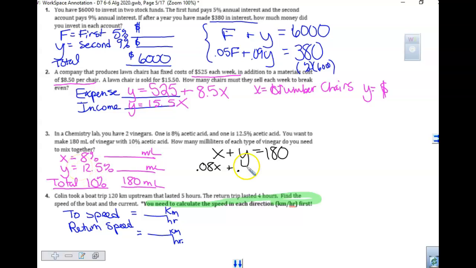So 0.125y equals 180 times 10%. So 0.1, I'm going to put my percent first times 180. That leaves me with just 18, right? This is going to be 18. So could you have just put 18 instead of 0.1 times 180? Yes, but I like putting the percents because this is the percent times how much of this one. Like this could be 20 and this could be 160, right? That totals to 180. We're thinking about that.